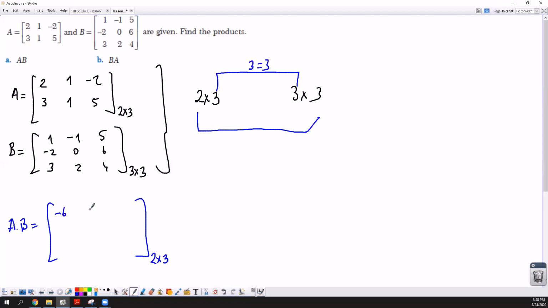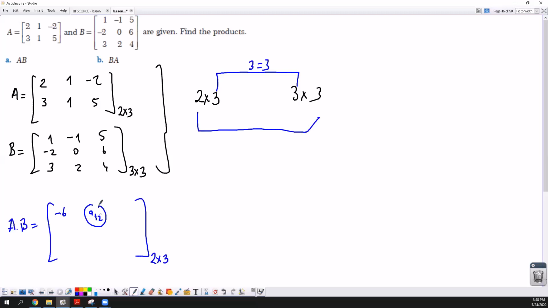To get the next entry, we take the first row and the second column, because this is the A12 entry, which means the first row and the second column.